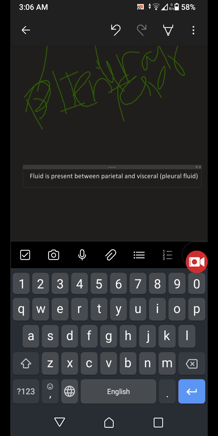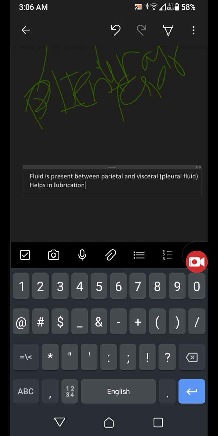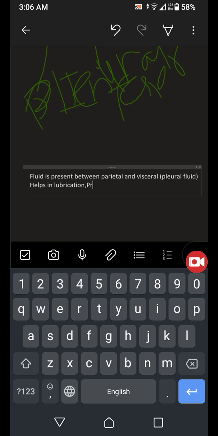Basically, pleural fluid helps in lubrication and it prevents mechanical shock.